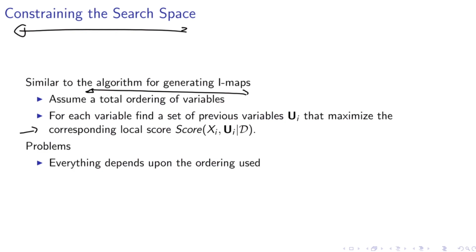In the structure learning algorithm, we are going to select the parent set for each variable such that it maximizes the corresponding local score of xi comma ui given D.